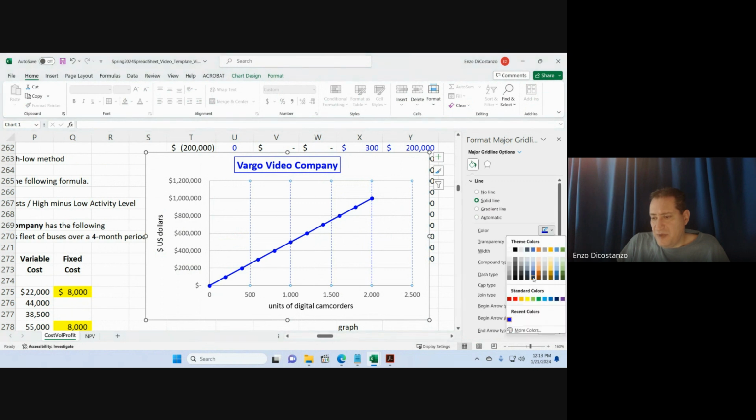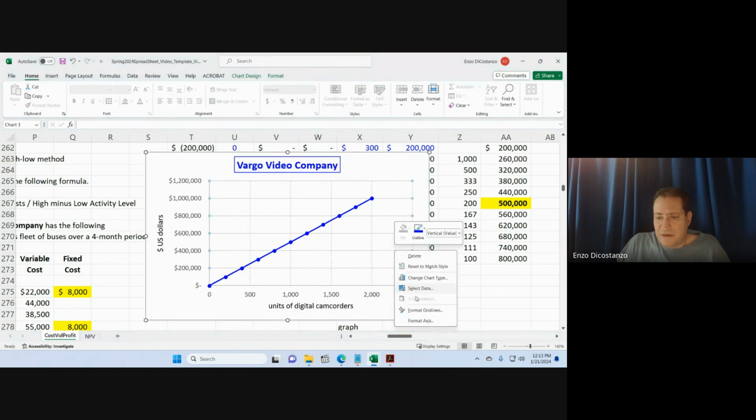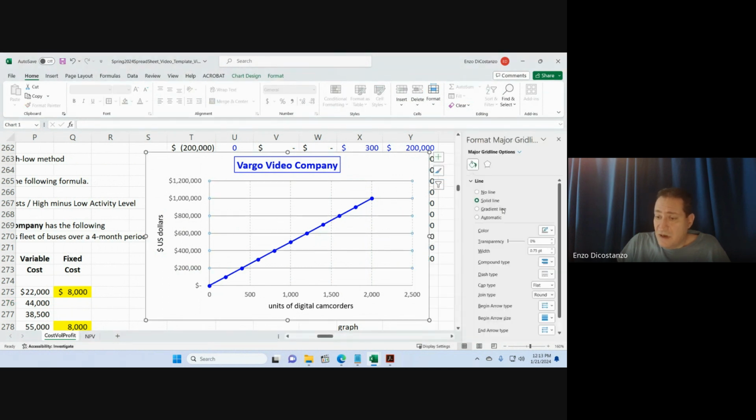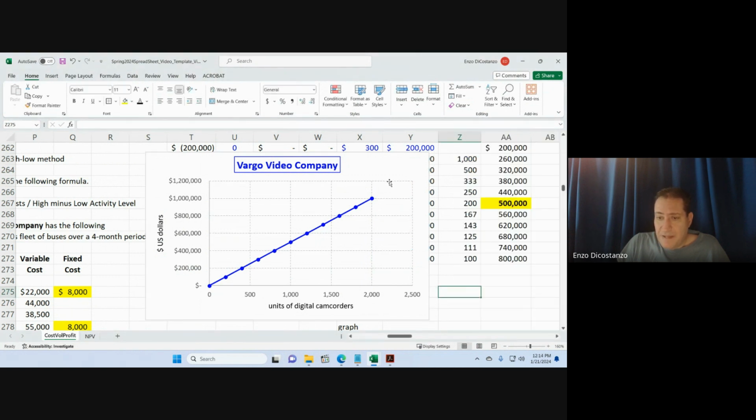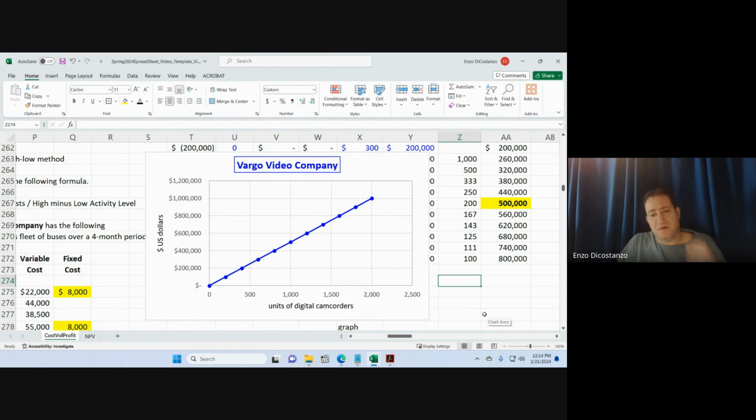The color should be maybe a gray, something like that. Okay, right click, grid line, solid, half, dash it. And the outline here, this might be a gray. Yeah, the bottom gray. Okay.